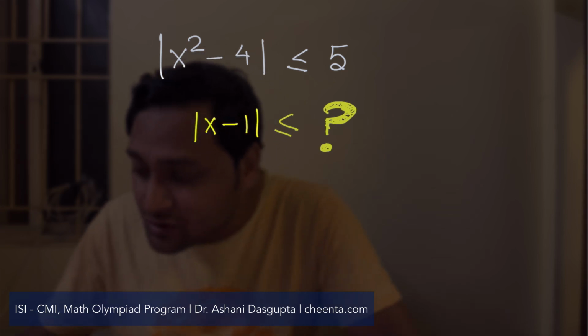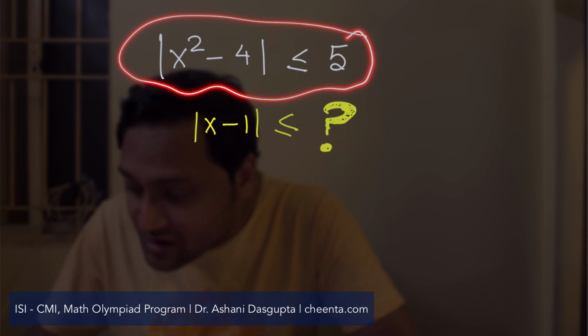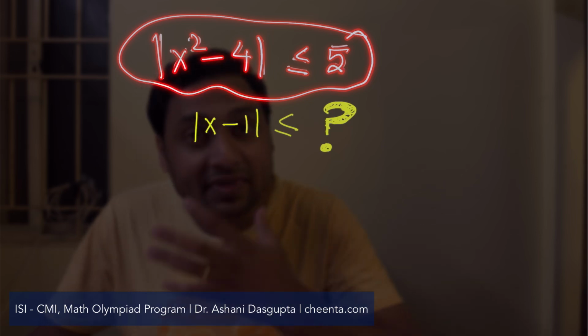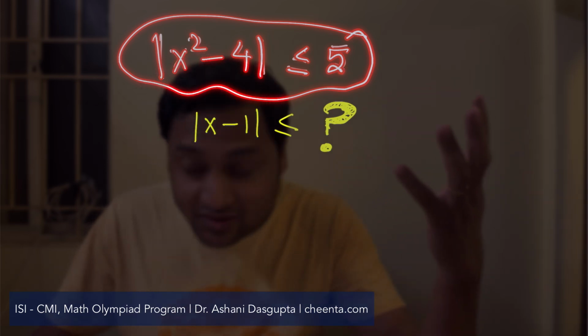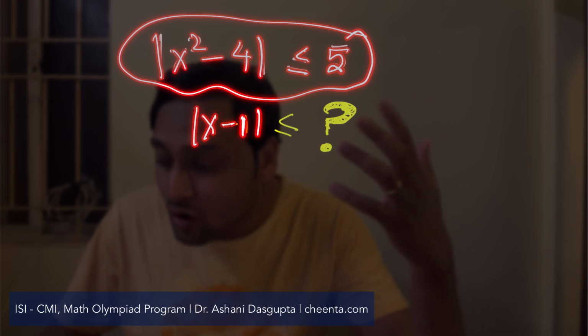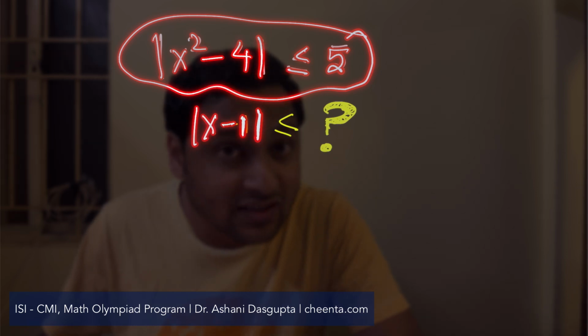This problem is actually not that hard. It says that the absolute value of x squared minus 4 is less than or equal to 5. Under these conditions, what is the maximum value of the absolute value of x minus 1?